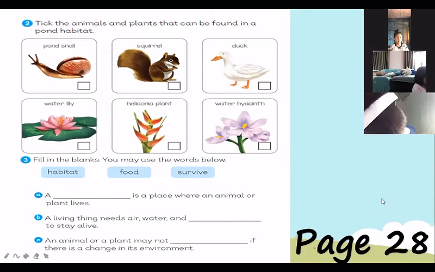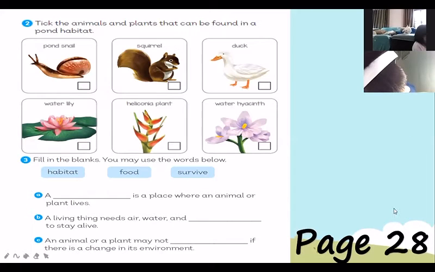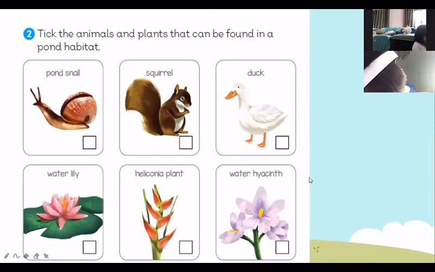Are we all ready? Okay, very good. Page 28, we're doing exercise 2 on page 28.